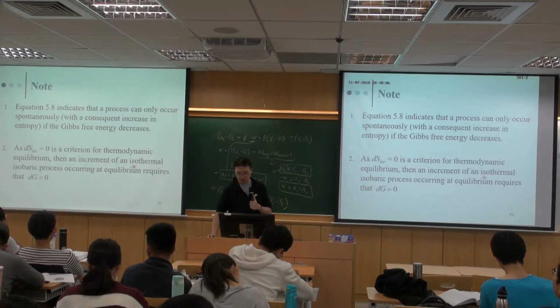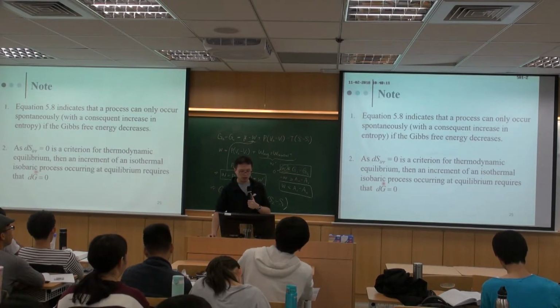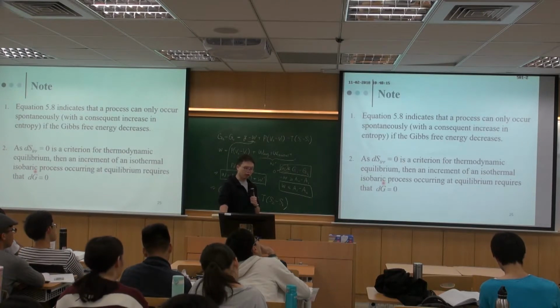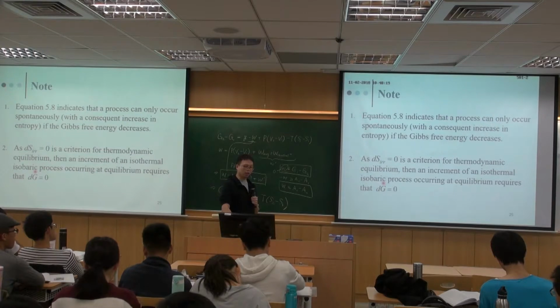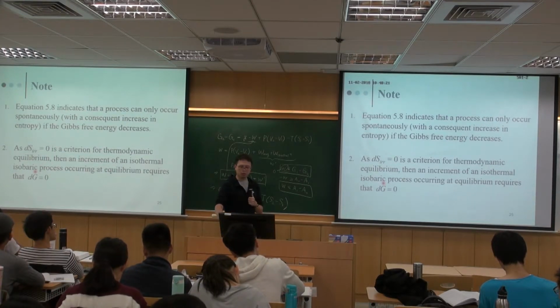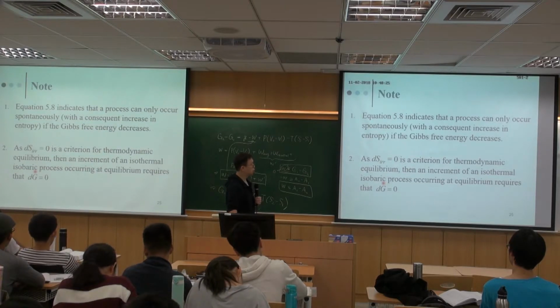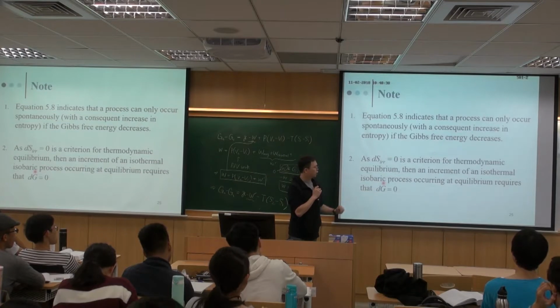So actually, I should highlight these two constraints. When we're dealing with an isothermal and isobaric process, constant T and constant P, then the criterion for judging if the system is at an equilibrium state is whether dG is 0 or not.